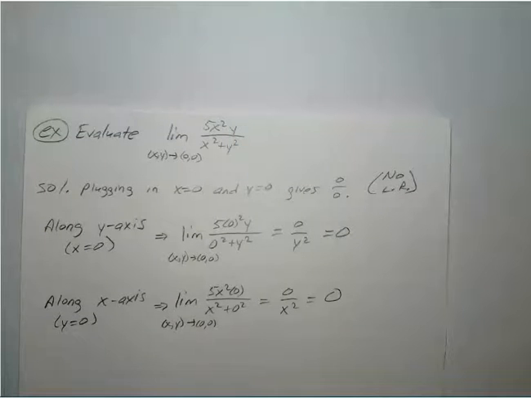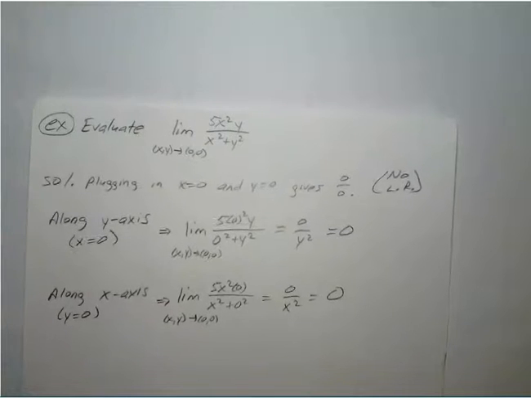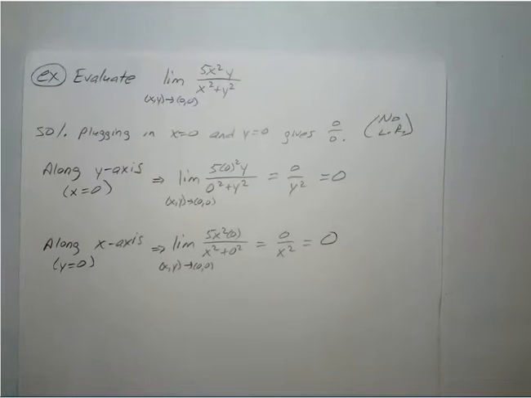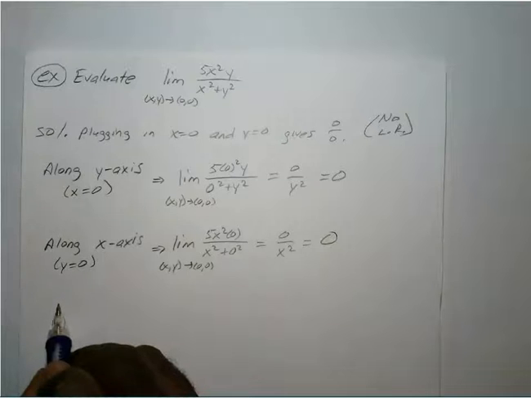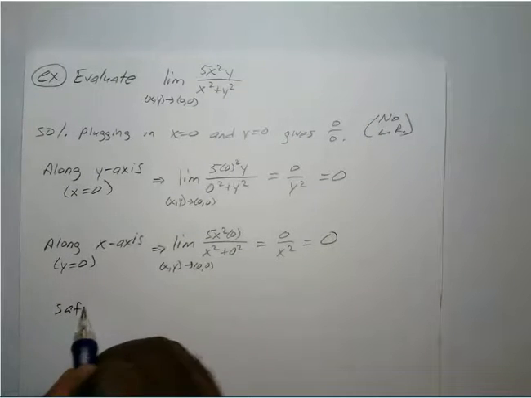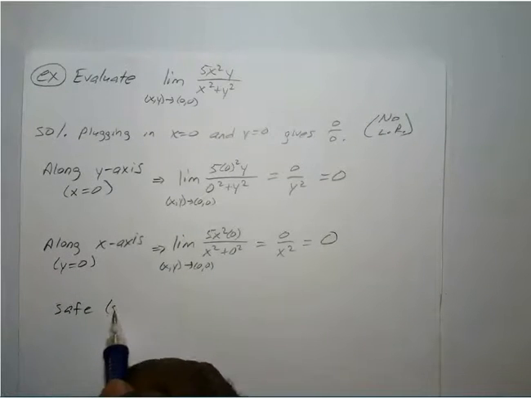Okay, now we approached it from two different angles. We could do more, but just for right now, we're going to say that it's safe to estimate that this limit is 0. I'm going to show you a few other methods a little later, but we're going to estimate that this has a limit of 0.